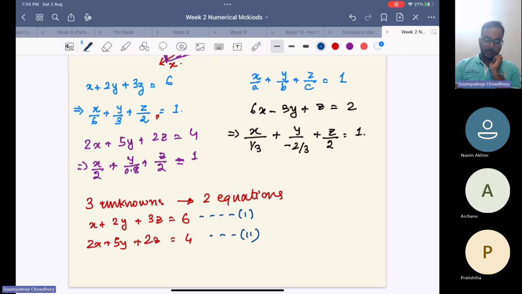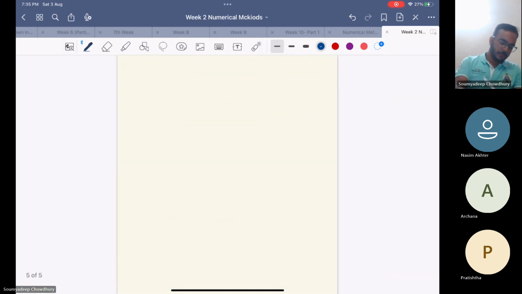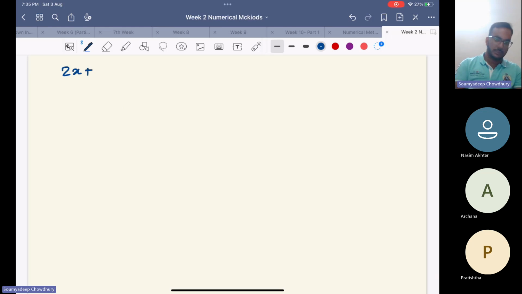So from this, I will try to eliminate z. If I try to eliminate z, multiply the first by 2 and the second by 3. So what we will get is 2x plus 4y plus 6z equal to 12.